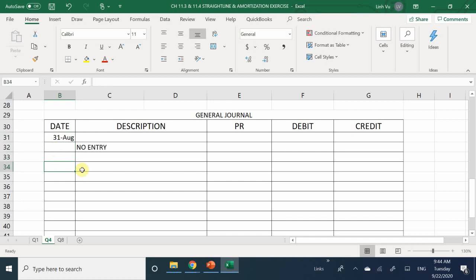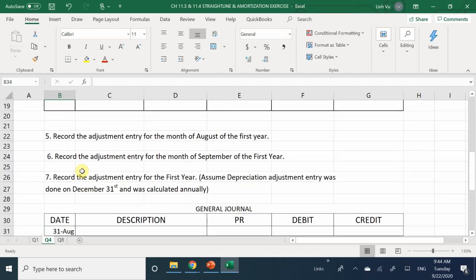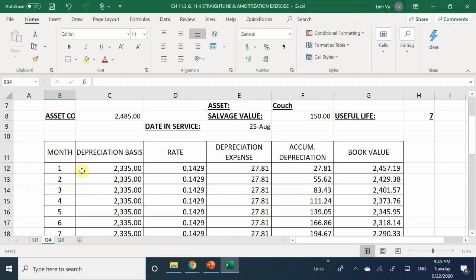Okay. So the next question says to record the adjustment in the month of September of the first year. So what happened in September of the first year?